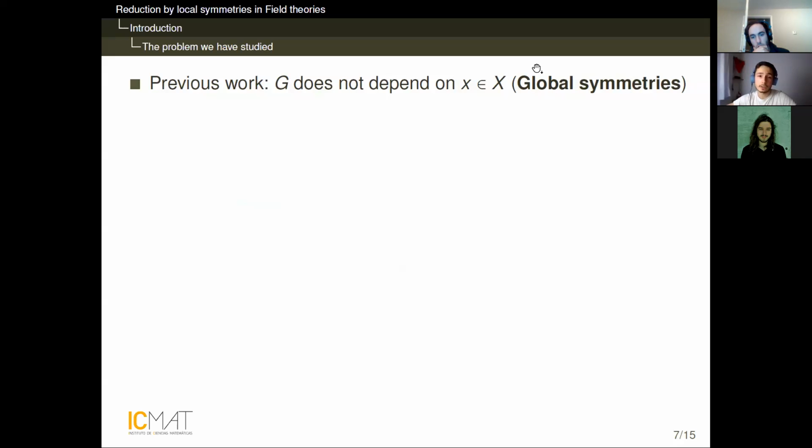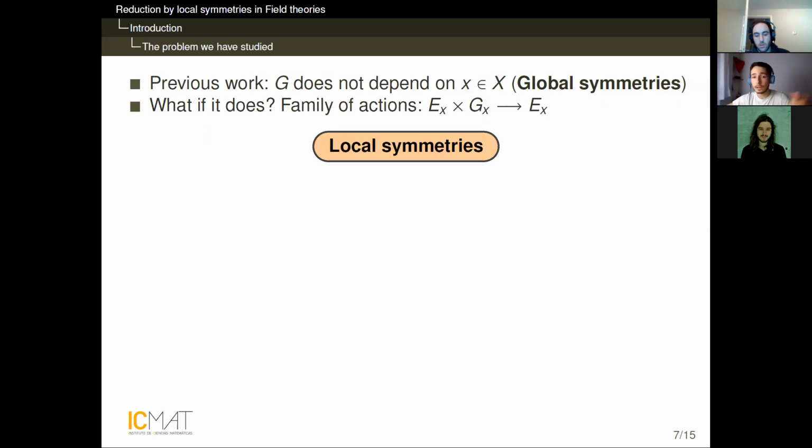However, there are a lot of systems which have Lie groups that vary as the point of the base space varies. In this case, we have a family of Lie groups and a family of actions on the fibers of our configuration bundles. These kinds of symmetries are the counterpart of global symmetries and are called local symmetries, and are the ones in which we are interested.